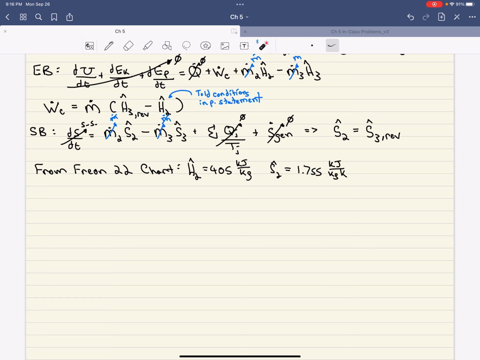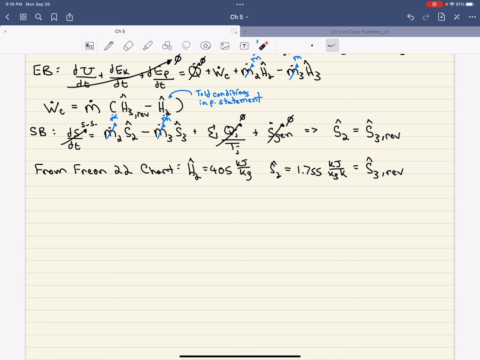And then from our entropy balance, we also know this is equal to S3 for the reversible case. Okay? All right, so now we figured out one property of stream 3.